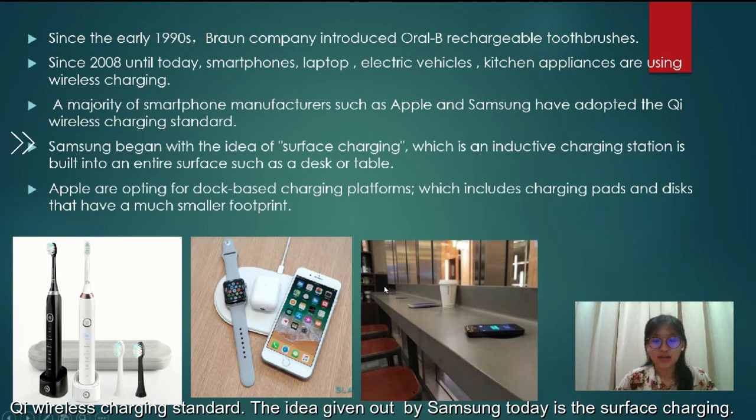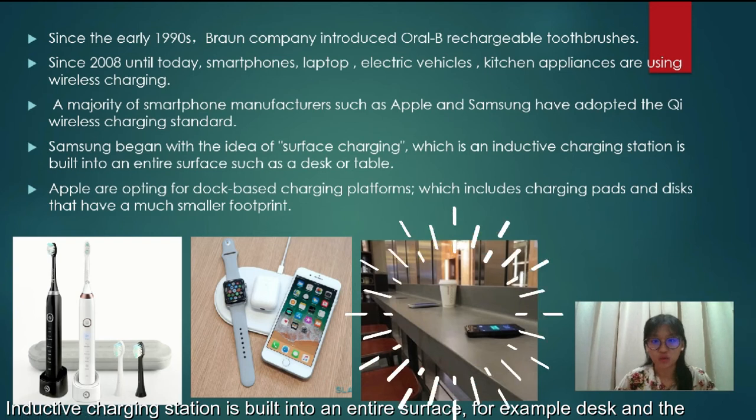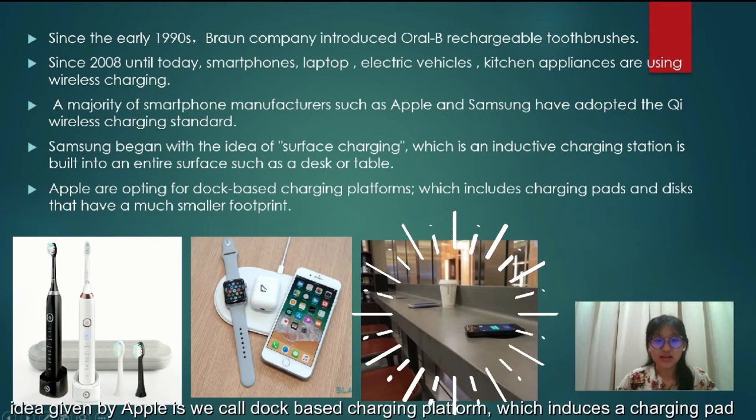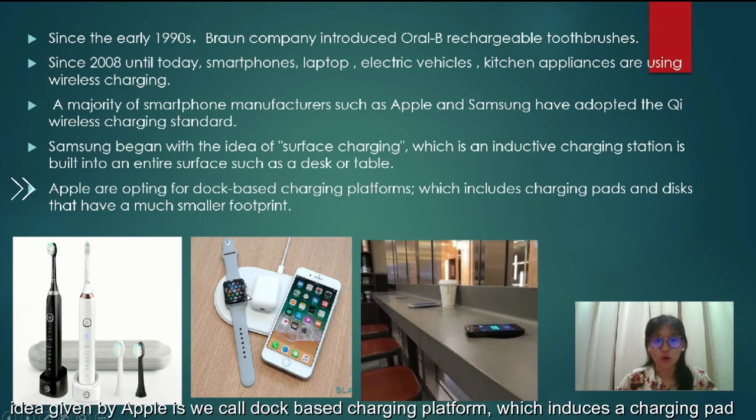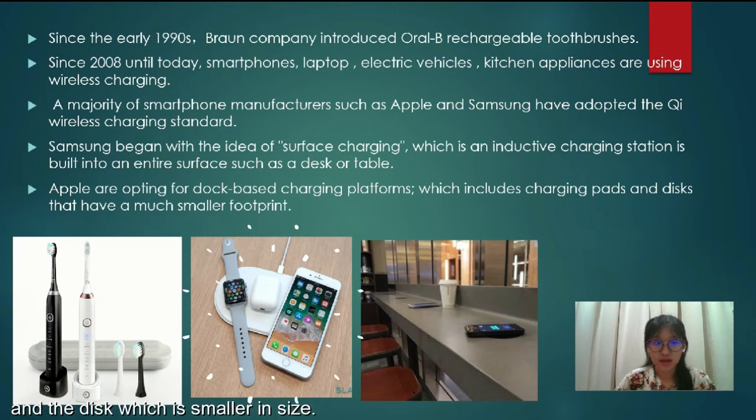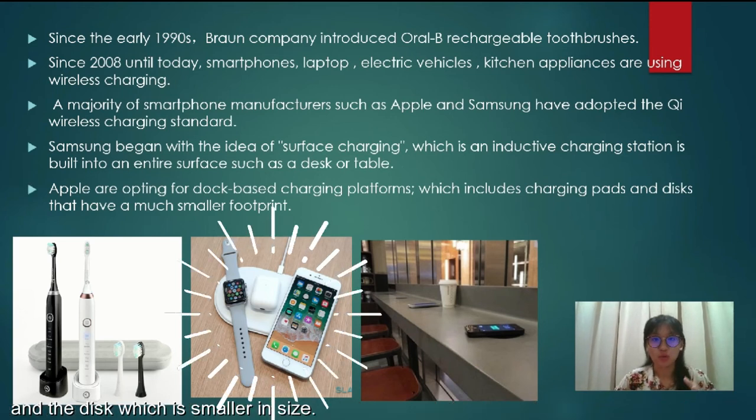The idea from Samsung today is surface charging, where an active charging station is built into an entire surface, for example a desk. The idea from Apple is a dock-based charging platform, which includes a charging pad and a disc which is smaller in size.